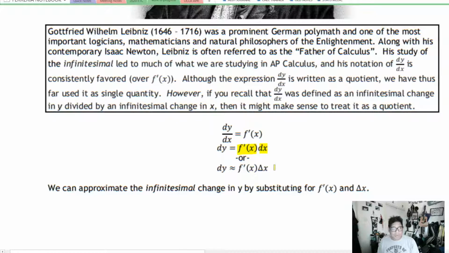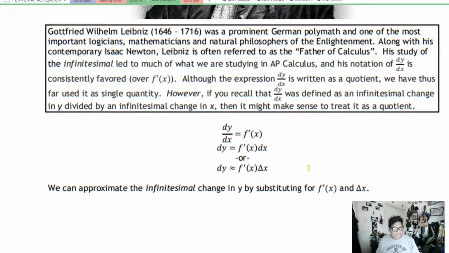Of course, we can't really deal with an infinitesimal change in x, so what we will tend to do is say that the change in y is going to be equal to the derivative of x multiplied by a change in x. Now, delta x is a change in x, dx is also a change in x, but the delta x is a little bit bigger, maybe a lot bit bigger than the dx.